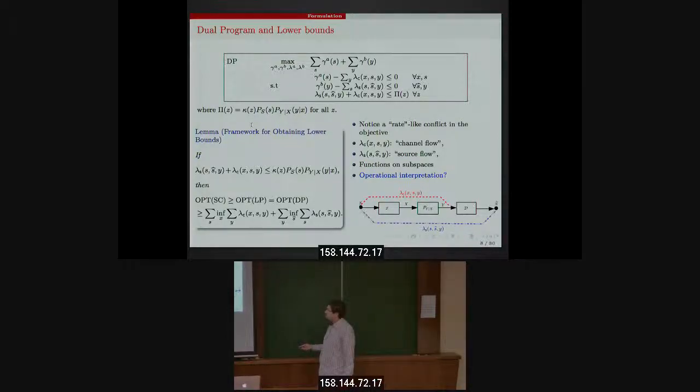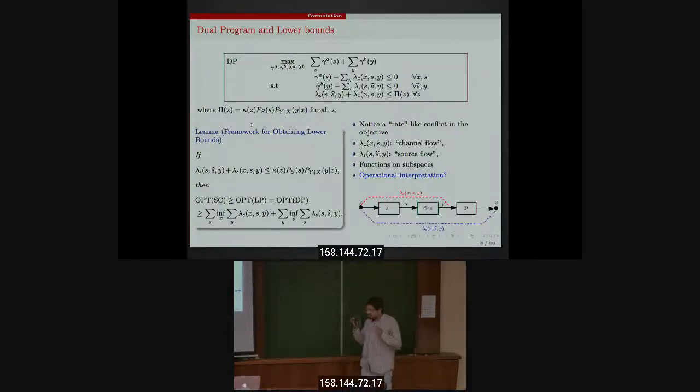If they satisfy this inequality, then it follows that the cost of the dual problem is a lower bound on the optimal value of the dual problem, which is then a lower bound on the optimal value of your original problem. So your converse, or a lower bound on the original problem, comes simply from any construction of lambda s and lambda c such that they satisfy this.